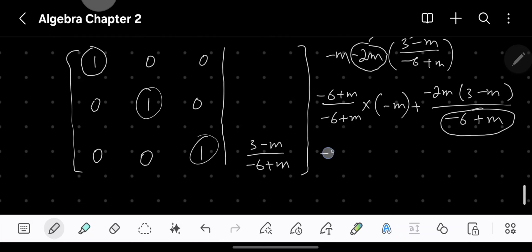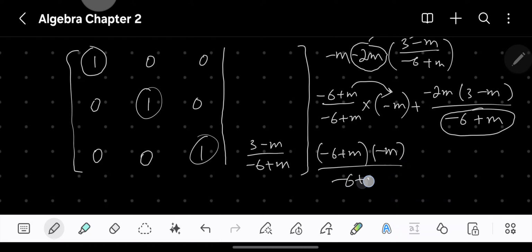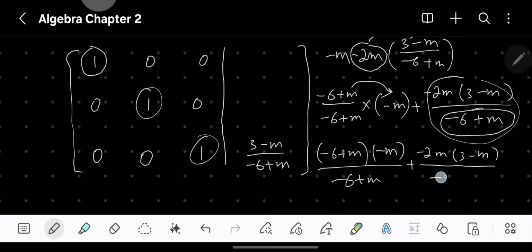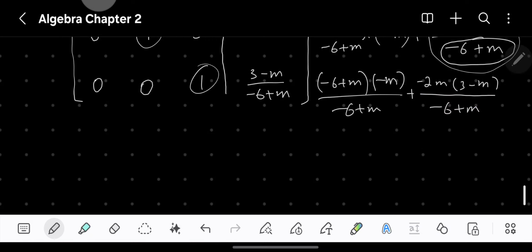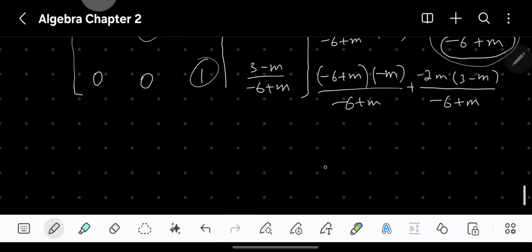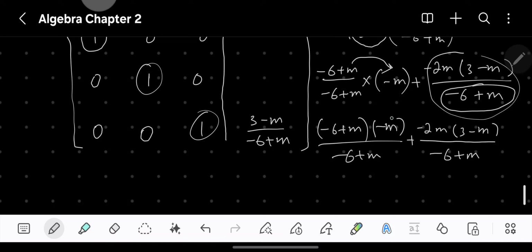Now you can check minus 6 plus m times this minus m divided by minus 6 plus m plus this same thing. Okay, this is okay, multiply minus 2m times 3 minus m over minus 6 plus m. Now their denominator is common, so I can write their common denominator, which is minus 6 plus m. Now you can multiply this minus m with this and with this.